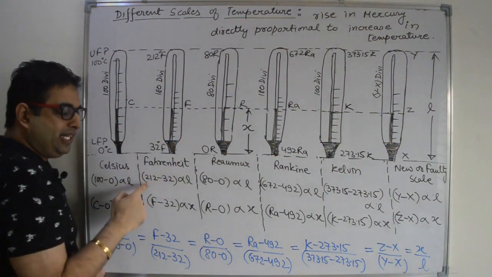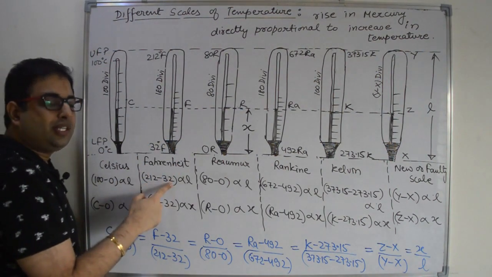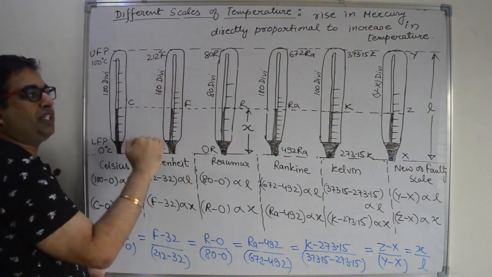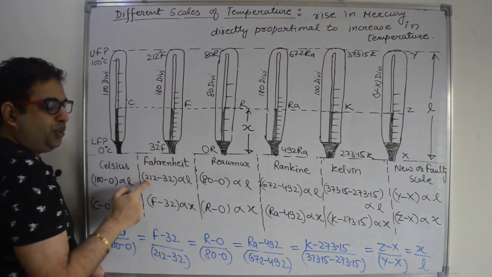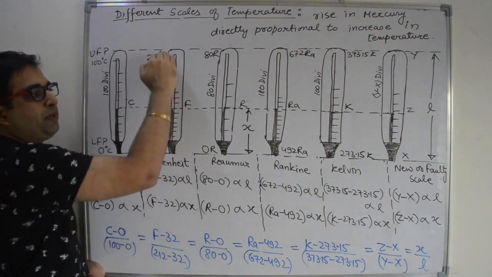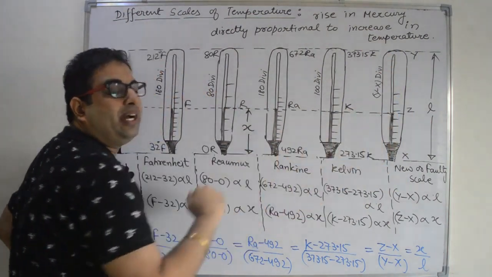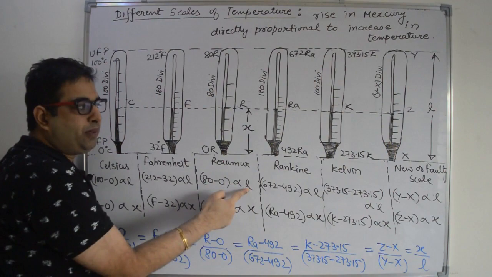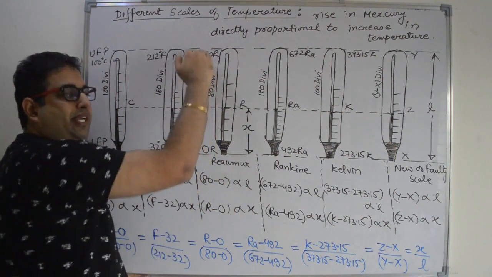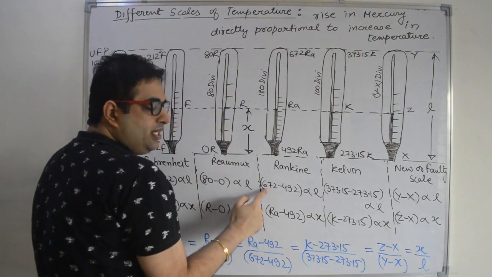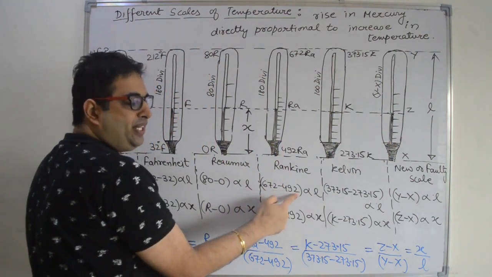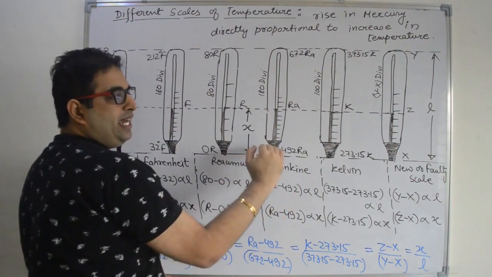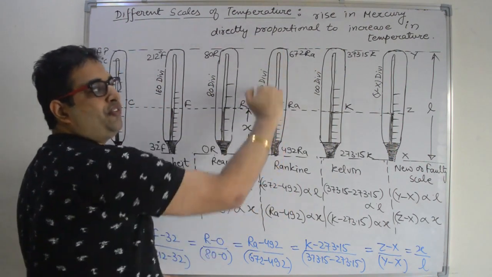For the Fahrenheit scale, it is 212 minus 32 is proportional to L, because the rise in temperature is 212 minus 32, and that is proportional to the length or height. Next, for the Reaumur scale, 80 minus 0 is directly proportional to L, the rise in temperature is 80. For Rankine, it is 672 minus 492 is proportional to L, which means the rise in temperature is this, and that is proportional to the height of mercury.